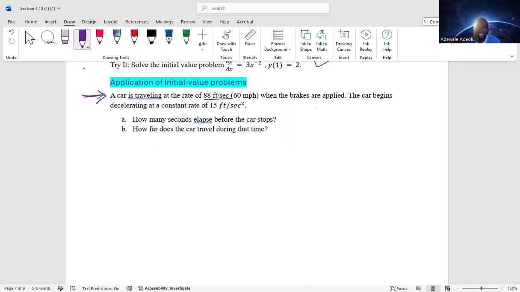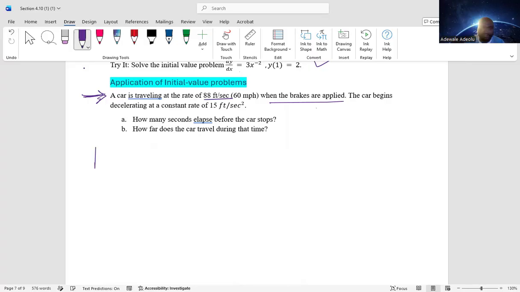That is the rate at which the car is traveling, the velocity, right? When the brakes are applied, the car begins decelerating. So the car has been traveling, then all of a sudden it applies the brake.